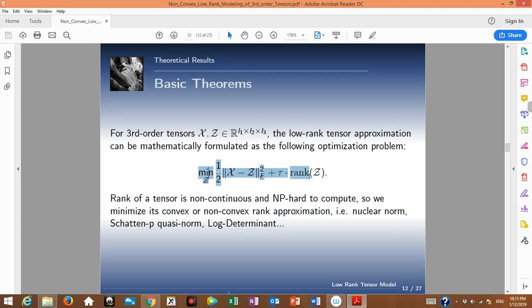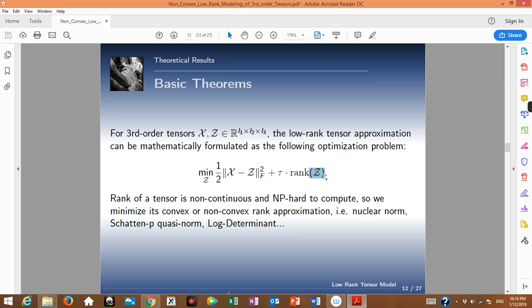So this is the objective function. It means we want to approximate a third-order tensor X by using a low-rank tensor Z. You can see here the original penalty is the rank of Z. The rank is a non-continuous function, so it is NP-hard to compute.